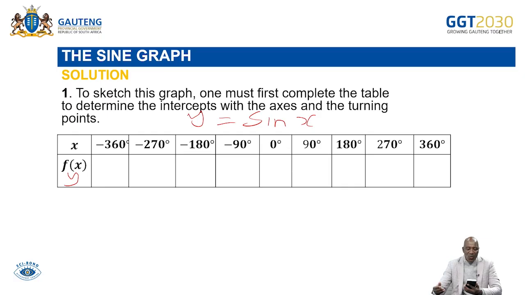So it means when x is negative 360, our answer is 0. Then the next one is a 1. The next one, 0. Then if you continue scrolling down, the next one is negative 1. At negative 90 is negative 1. Then you continue scrolling, it goes to 0.